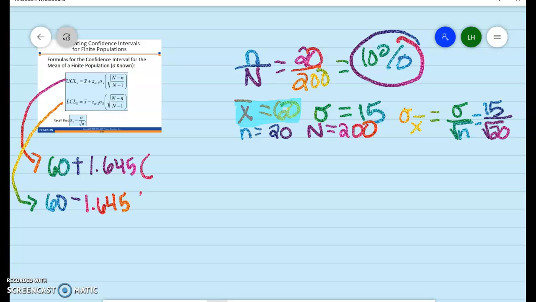So we're going to do 3.3541. This is a lot of work because you have an extra population correction factor to add on the end. So let's go to the side over here and get that.